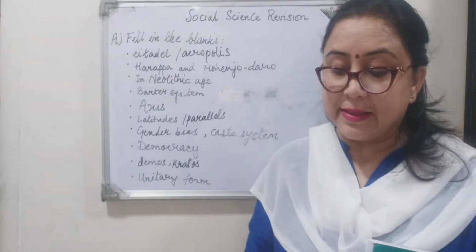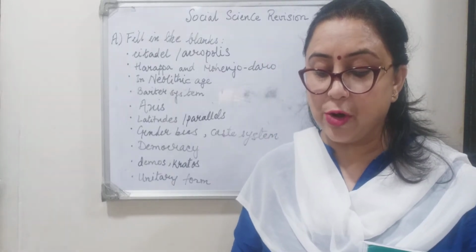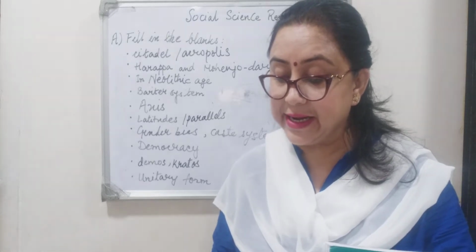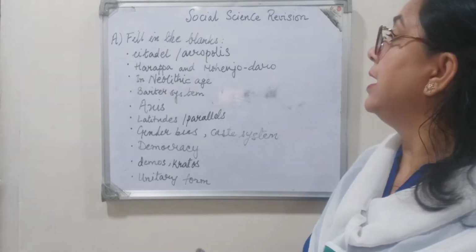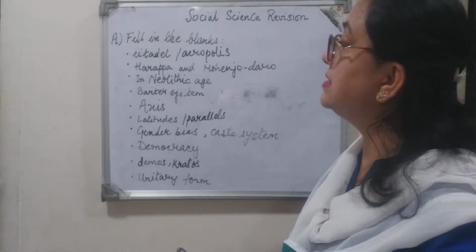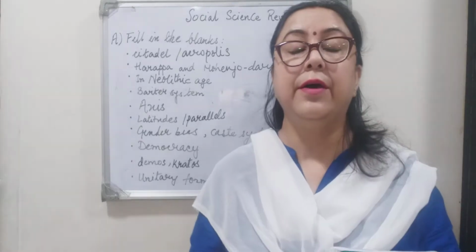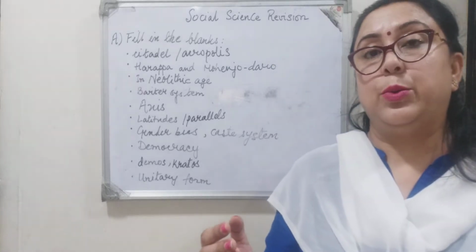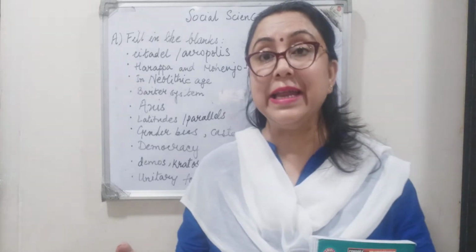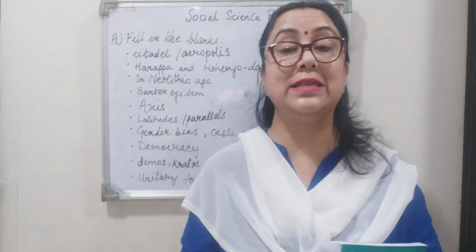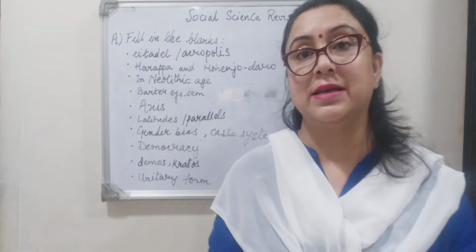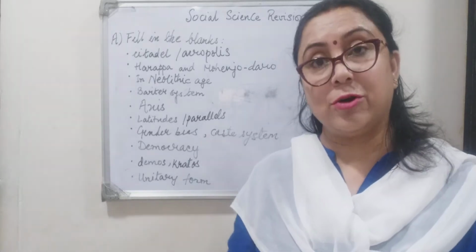sentence is the western part built on the raised ground in Indus cities was known as dash, and the correct answer is citadel or acropolis. Remember when we studied about the town planning of the cities of Indus Valley civilization, we read that the city was divided into two parts, the upper city and of course the lower city.